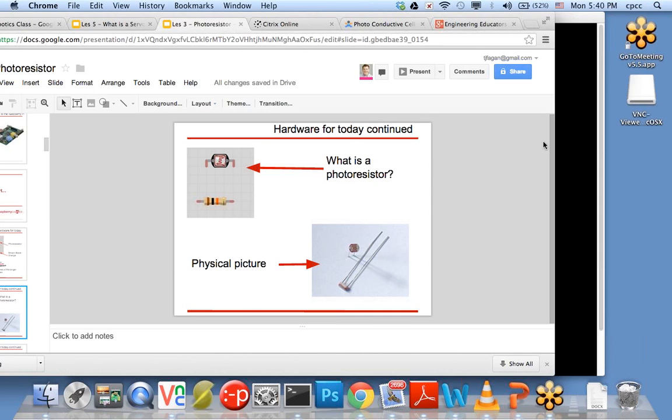This is to gauge your knowledge, because we didn't talk about photoresistors yet. Give me a raise of hands who wants to take a stab at it. I saw your hand up first, so I'm going to unmute you and you're going to answer this question. Anne.